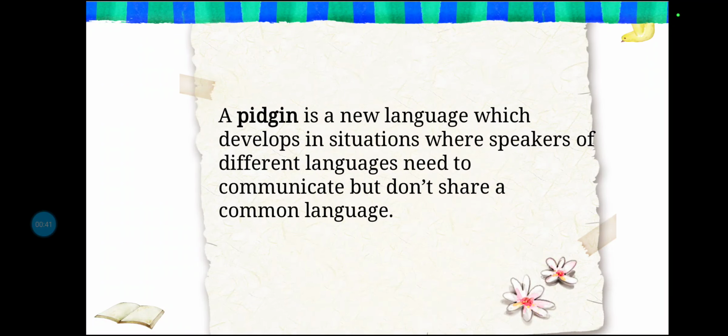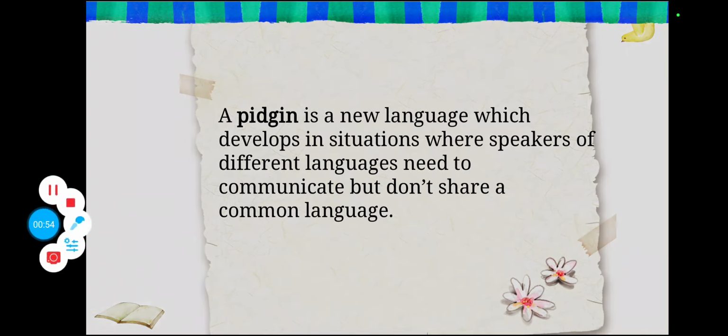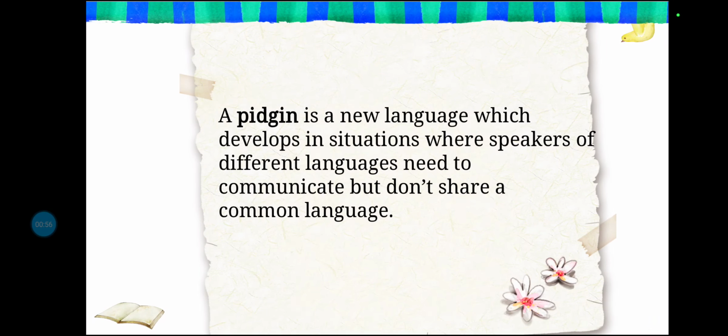We have what we call Pidgin. A Pidgin is a new language which develops in situations where speakers of different languages need to communicate but don't share a common language. In linguistics, a Pidgin is a simplified form of speech formed out of one or more existing languages and used as a lingua franca by people who have no other language in common.